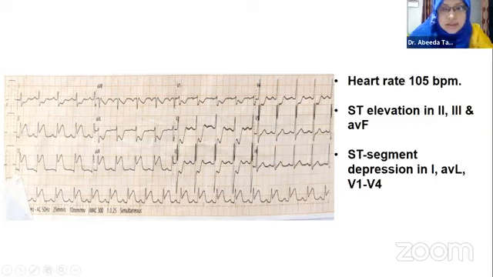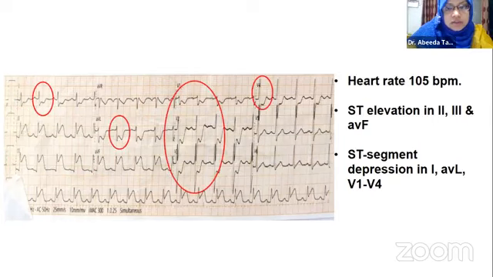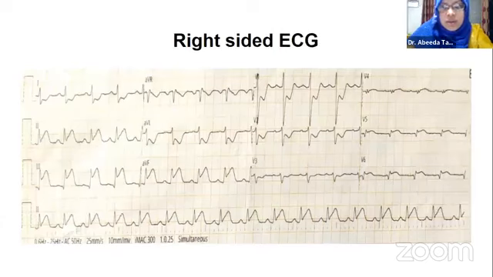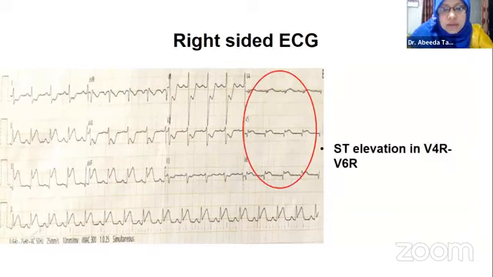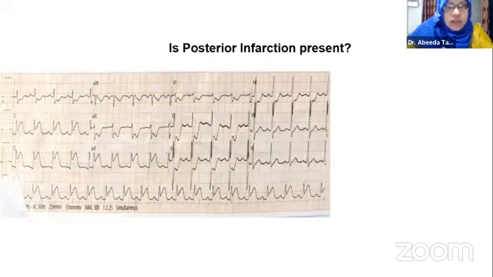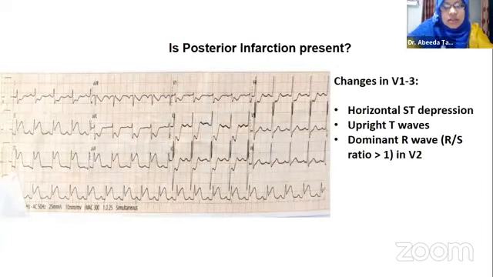Yes, sir. Thank you, sir. So as you have already mentioned, ST elevation and also ST depression are present. A right-sided ECG was also taken in this patient, and it shows ST elevation from V4 to V6. So the question is whether there is posterior infarction.